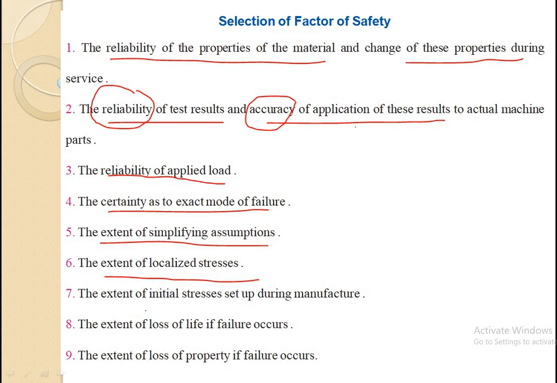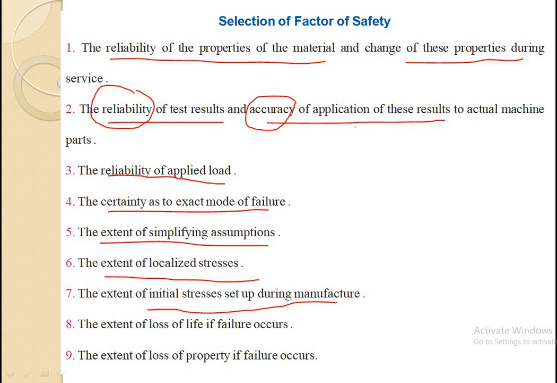Next parameter is the extent of the initial stresses set up during the manufacturing. So we are designing the component, meaning we are actually determining the dimensions of the component. And when we are deciding the dimensions of the component, we are considering the different kinds of stresses which are induced in the component.